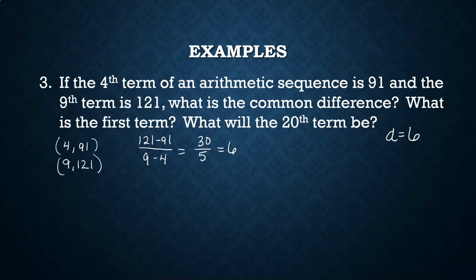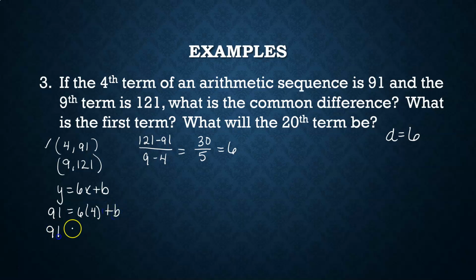Okay, now I'm going to show you a way to find out your first term or your starting point. If we were going to graph this, your starting point would be your y-intercept. So let's set this up like a linear equation there, and we're going to find the starting point or your y-intercept by plugging in one of these points. So I'm going to plug in 91, put in 4 for x.